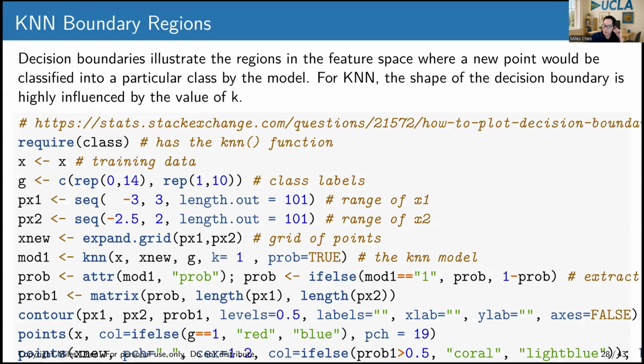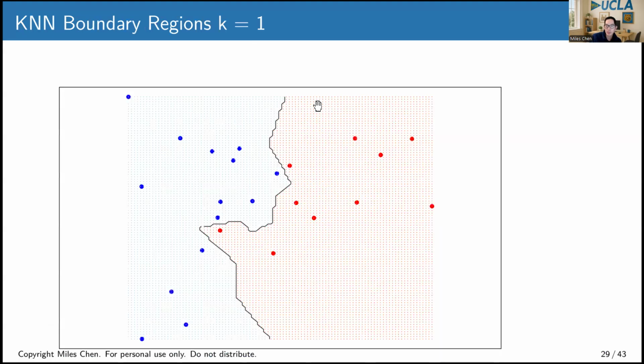This is just a bunch of code that can draw a decision boundary. I'm using code from a Stack Exchange post. Basically, the way the boundaries are drawn is that we take our data, and you can see all of these tiny little dots here. And I performed k nearest neighbors with k equal to 1 for every single dot.